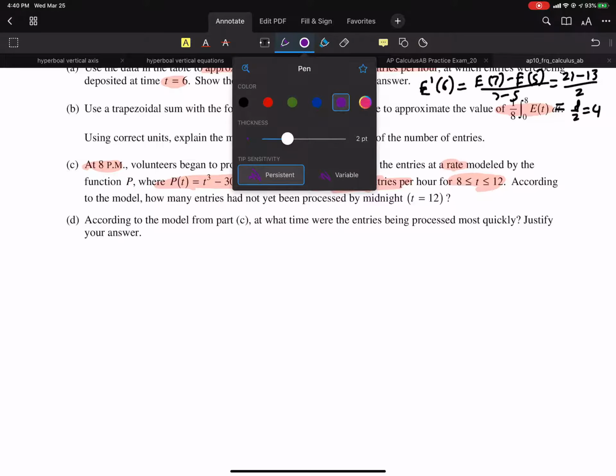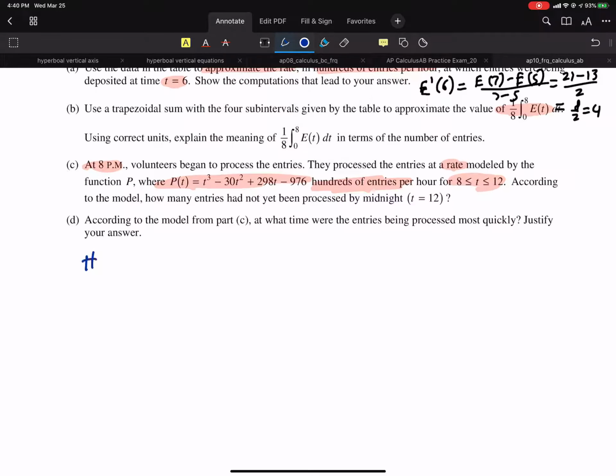So number of processed entries equals the integral from 8 to 12 of P of t dt. That's the total number of entries processed.